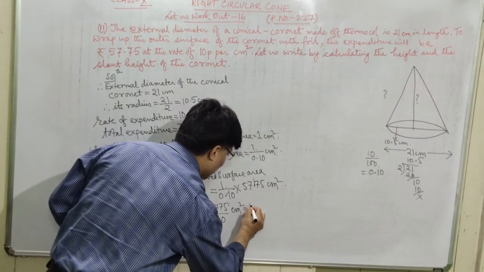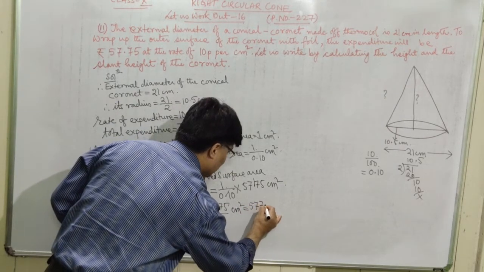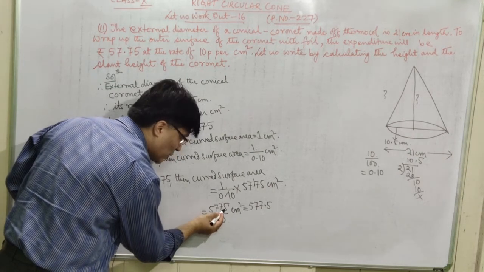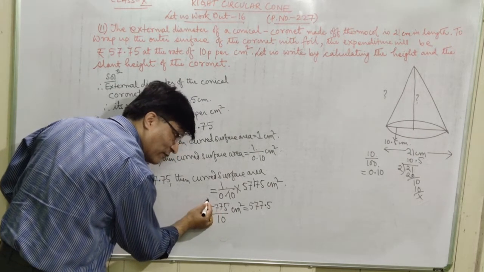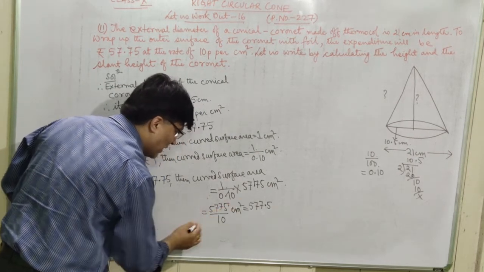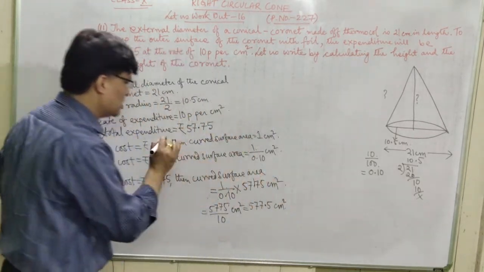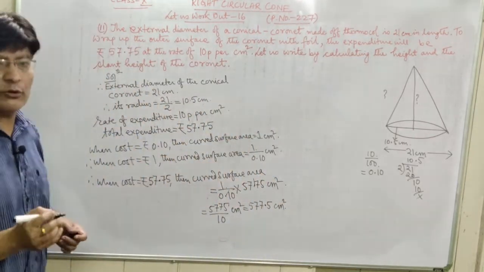That is, it will be 577.5 centimeter square. So this is the curved surface area of the coronet.